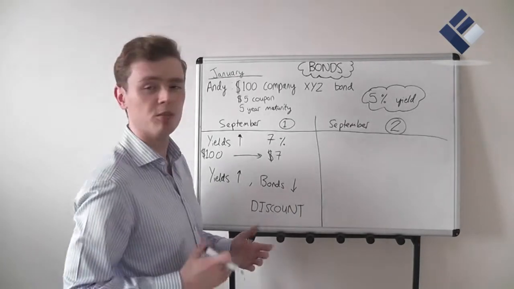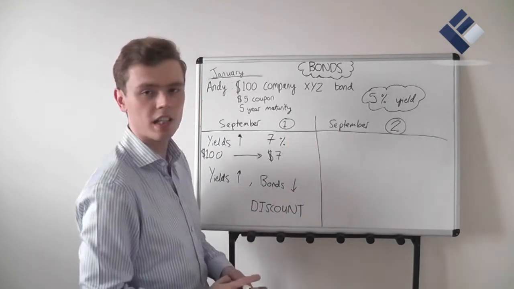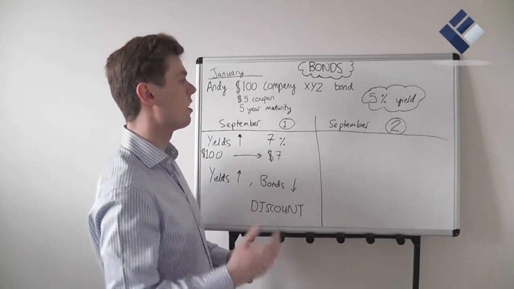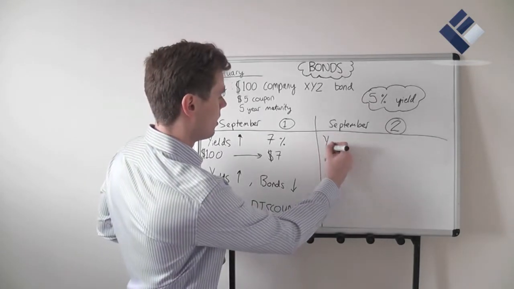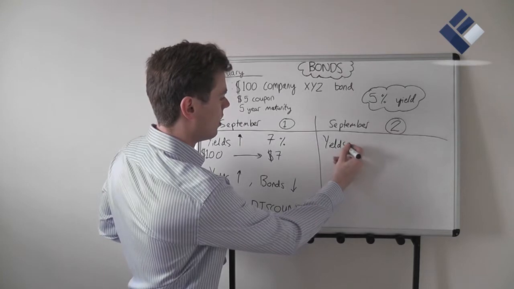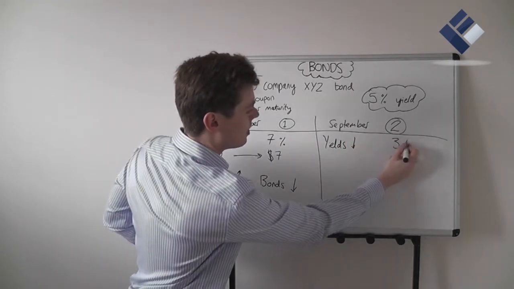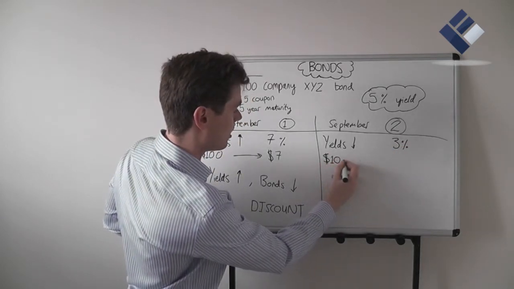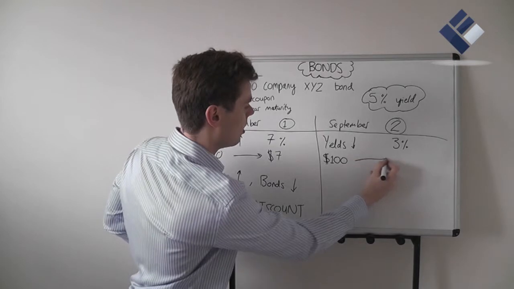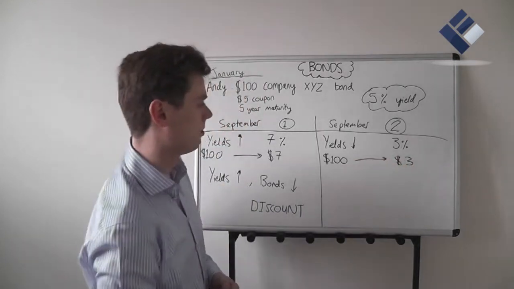In this case, they're deemed as a much safer investment, and thus they can lower the return they give investors because they know they're offering the privilege of quite a safe investment. So in this case, it would reduce the yield of their bonds, let's say to 3%. So a $100 bond now purchased in scenario 2 in September would only give an investor a $3 coupon.